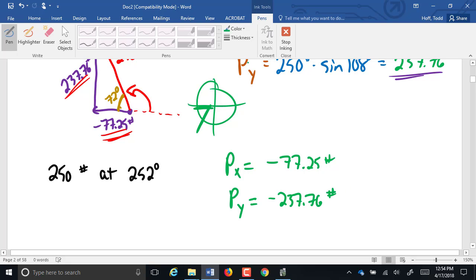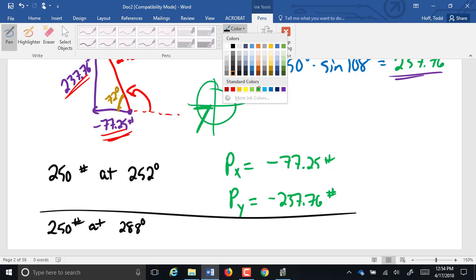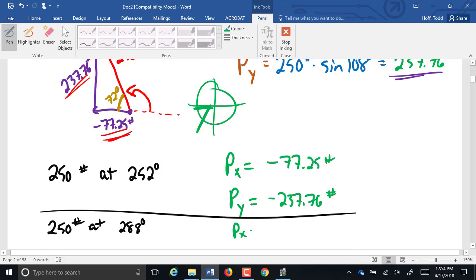What if we use 250 pounds at, what is it, 288 degrees? P sub x is going to be positive, because over here, the x direction is positive.